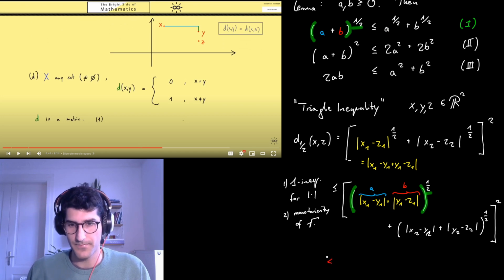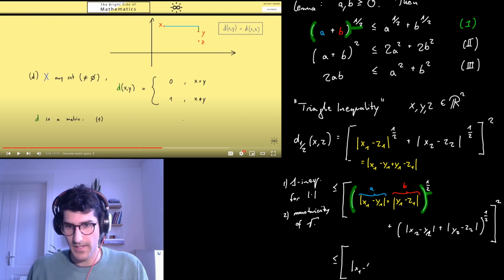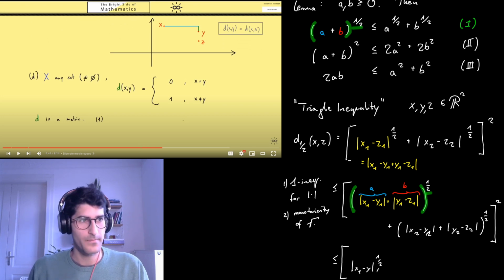So now this is less or equal than, so let's not forget the outer bracket, x1 minus y1 to the 1/2 plus x2 minus y2 to the 1/2.